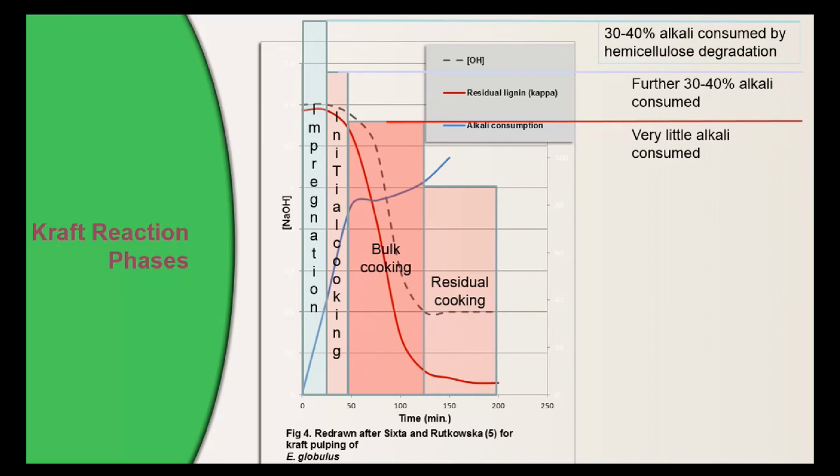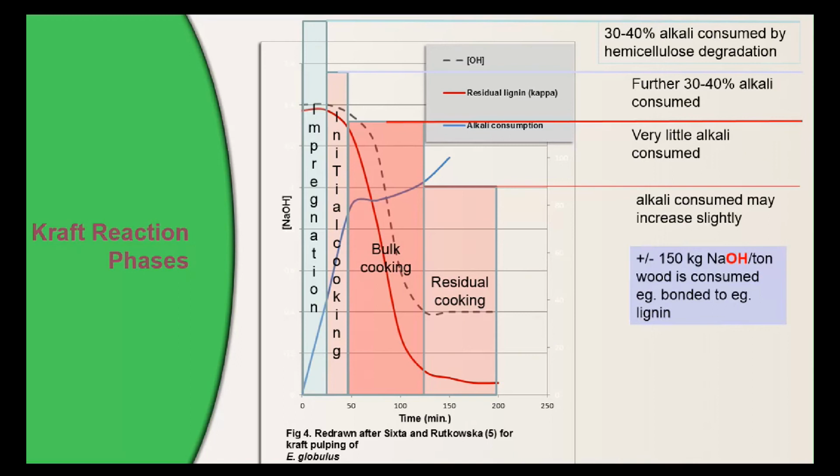But as we can see and we have discussed, during this stage the chemicals are already in the wood chips, now they can react with the lignin, and that is when we have the fast reaction at the high temperatures during the cook. And then during the residual phase we might have a slight increase in the alkali consumed.